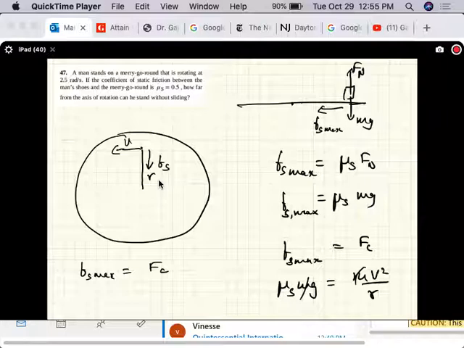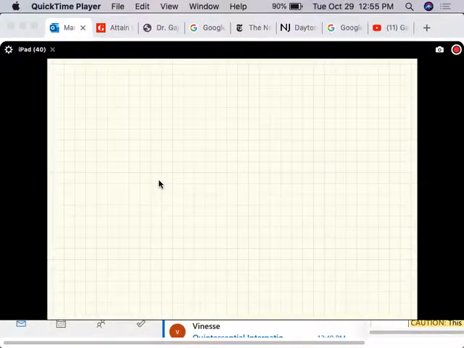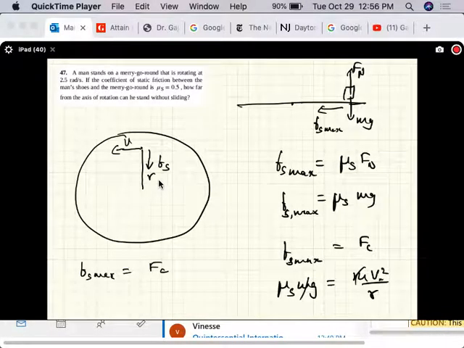All right, so this is the maximum velocity it can go at before you'll slip. So how far from the axis of rotation can he stand?